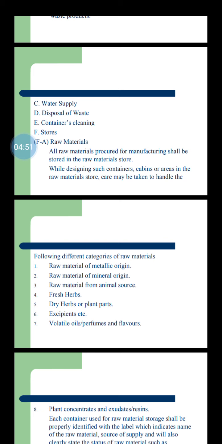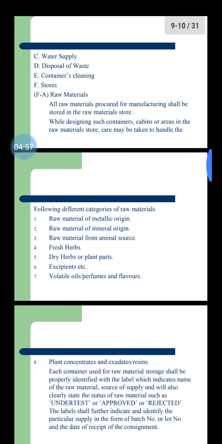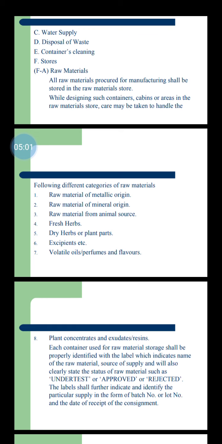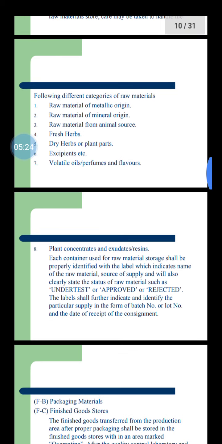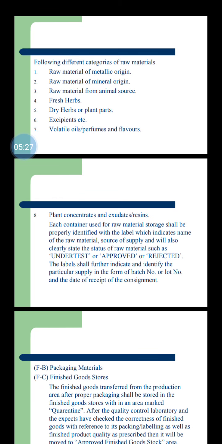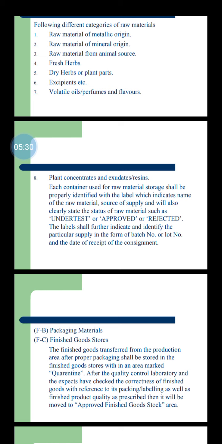While designing such containers, cabins or areas in the raw material store, care shall be taken to handle the following different categories of raw material: raw material of metallic origin, raw material of mineral origin, raw material from animal sources, fresh herbs, dry herbs or plant parts, excipients, volatile oils, perfume and flavor, plant concentrates and exudates, resins.